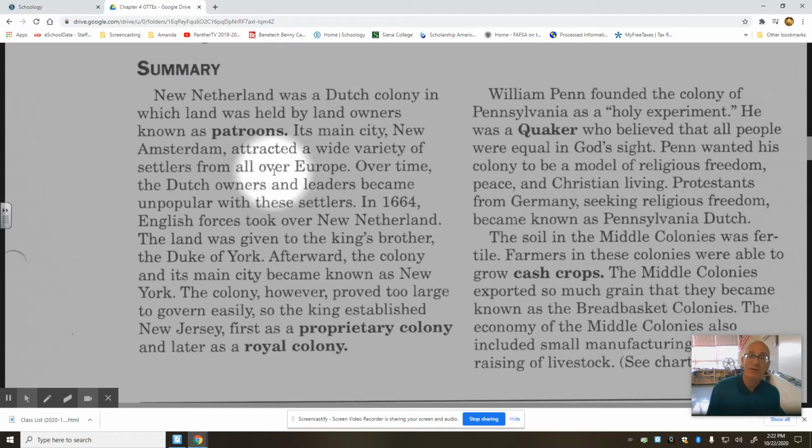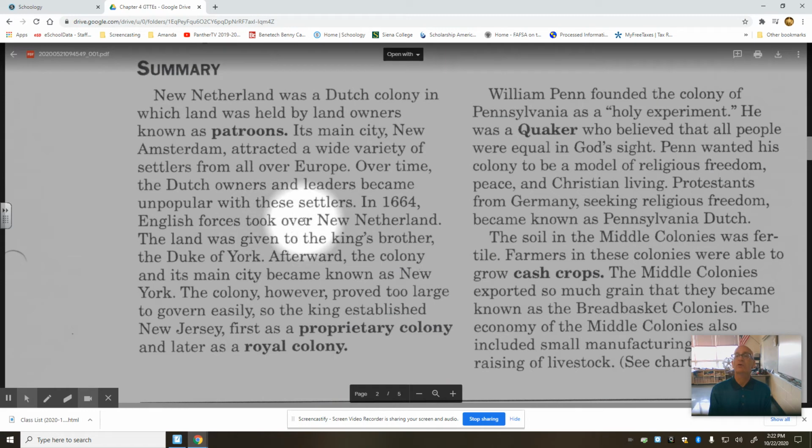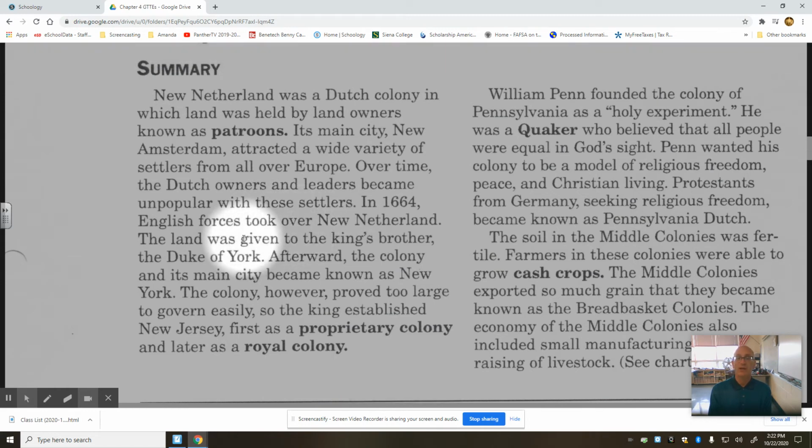Over time, the Dutch owners and leaders became unpopular with these settlers. And in 1664, English forces took over New Netherland. The land was given to the king's brother, the Duke of York. And afterward, the colony and its main city became known as New York.